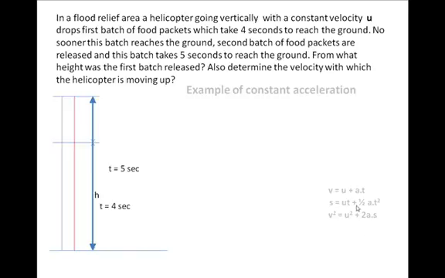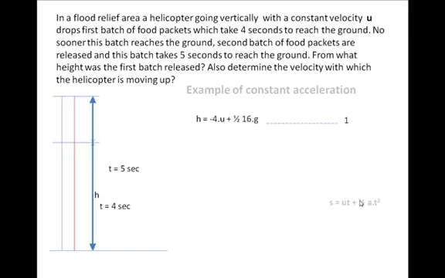Out of which we are going to use s is equal to ut plus half at square for this problem. So I apply this equation for height h. h is equal to ut, u is the velocity and t is the time, plus half, and you see here acceleration is gravitational, which is g, and t square is 16.